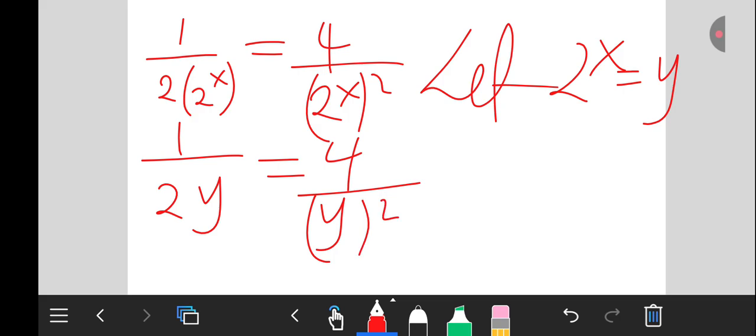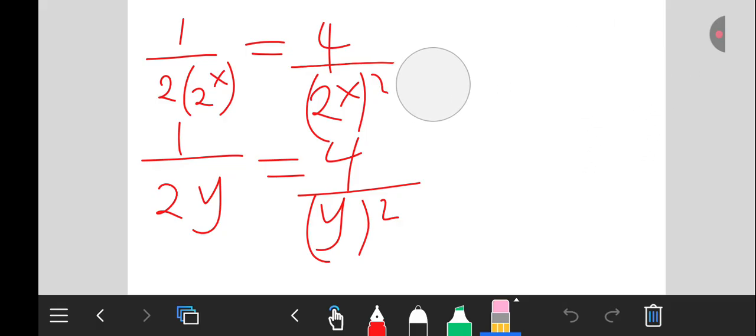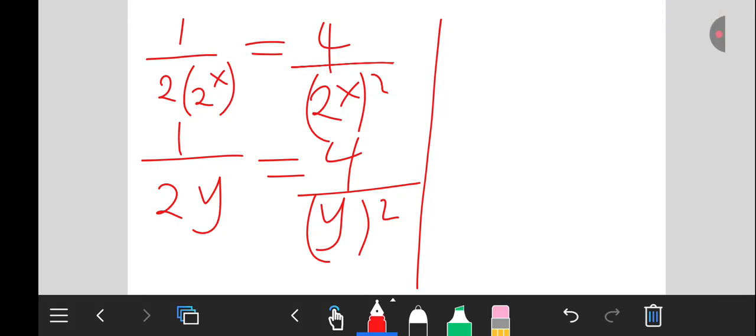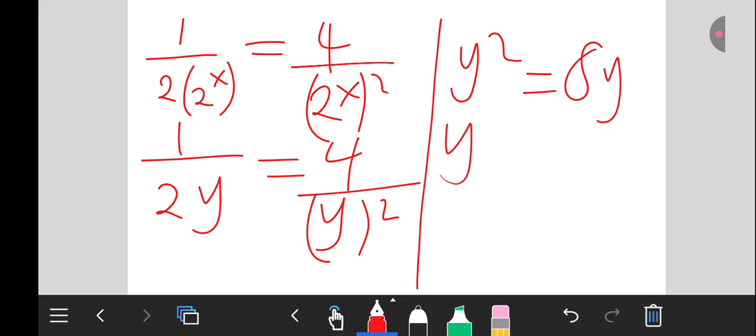Okay, then we can multiply. Let me rub this side, so I use this part. So we can multiply y square multiplied by 1, just y squared, is equal to 4 multiplied by 2y, that is 8y. Then I'll take this 8y to this side, so it will be y squared minus 8y is equal to 0.